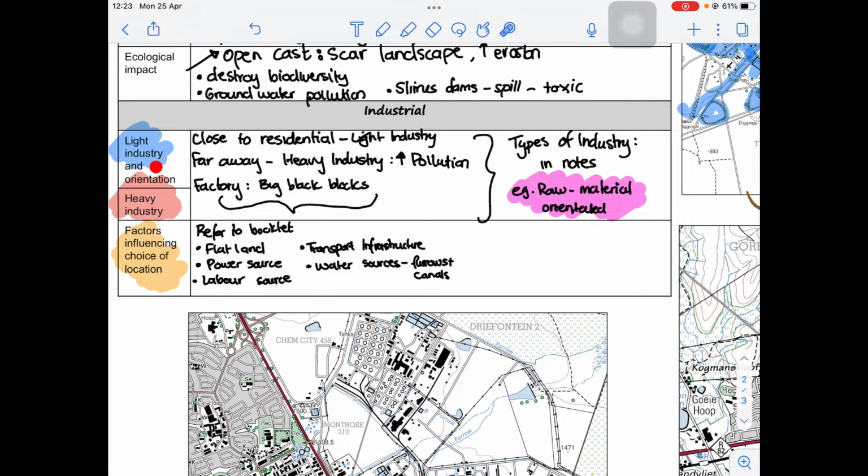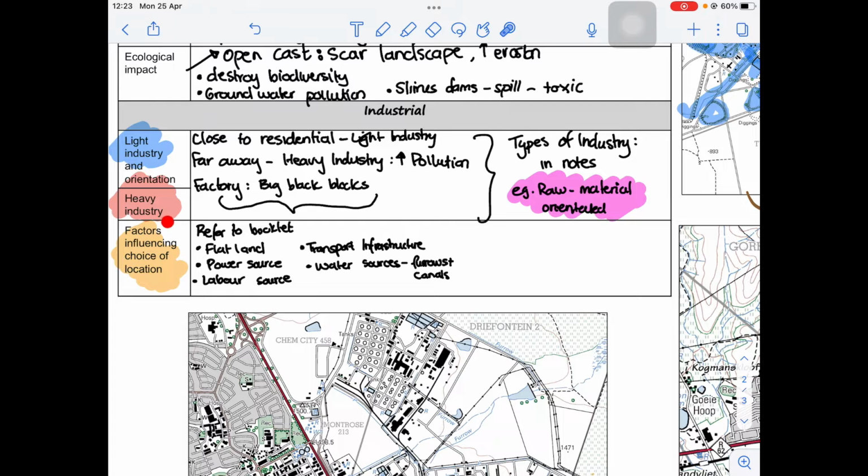People can often work within light industry as well, so people are part of the manufacturing process. It's going to obviously be more ideal to be closer to where people live, but they're not creating such a huge problem in terms of disturbance and in terms of land use. They're not repelling other types of land use away from them.